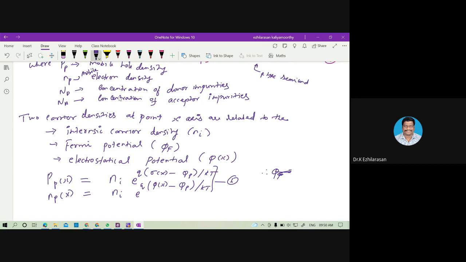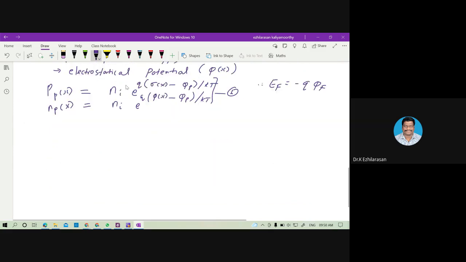So this will be E_F equal to minus q phi F. Now let us discuss, or let us measure, the electrostatic potential.